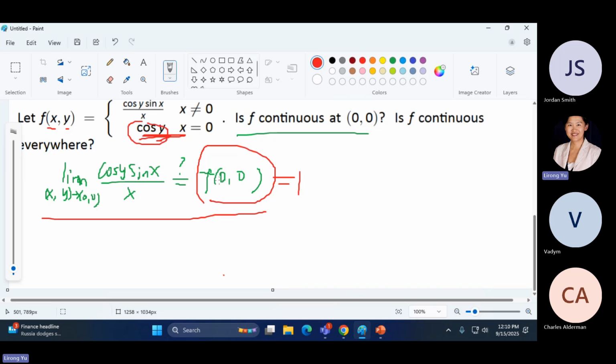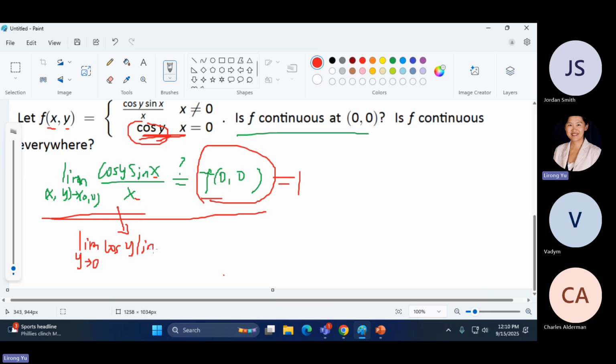All right, and then the left side of the equation is the limit of the function. So we make x equal to 0 and y equal to 0. That means this is 0, that's 0, and then cosine y is 1. So the limit of cosine y, if y is approaching 0, is 1.